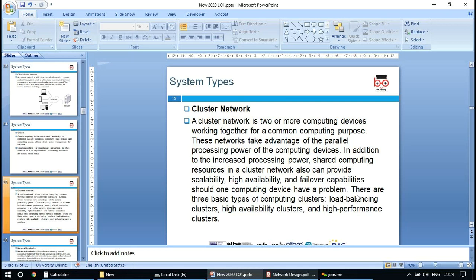But in a cluster, they work together in parallel processing. Parallel processing is basically that you interface the computers very closely. Probably you use some blades. Have you heard about the blades of the computers? Yeah, server blades. When the server blades work together, it becomes a cluster.